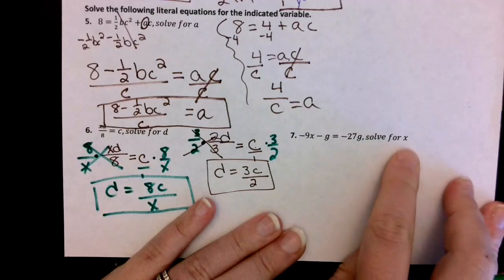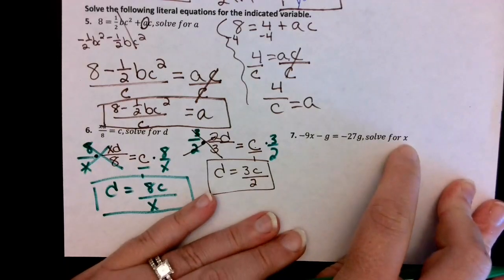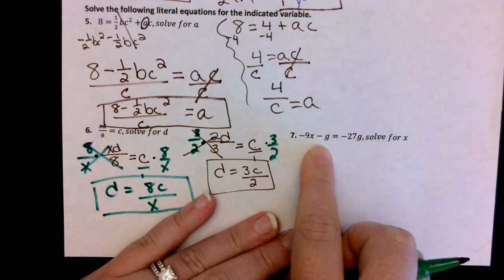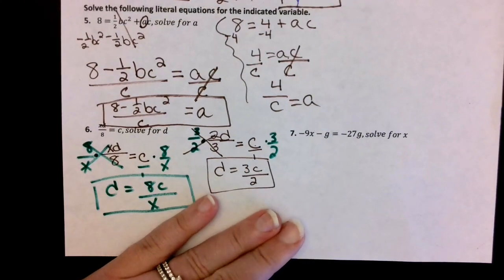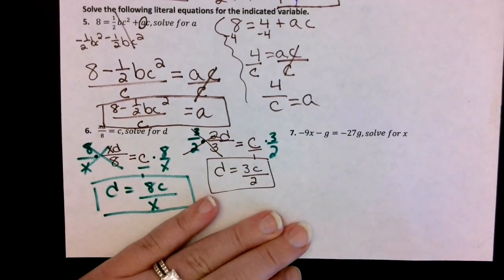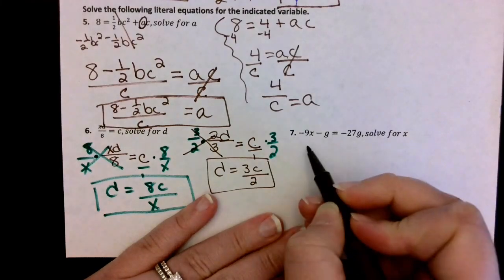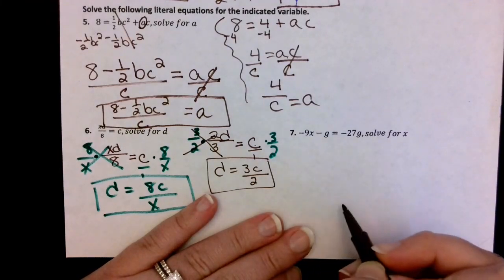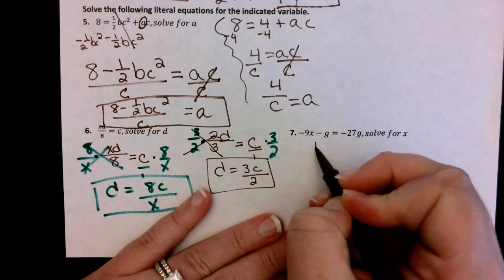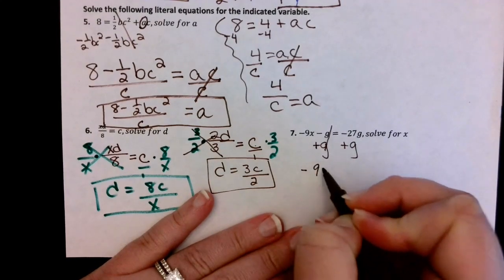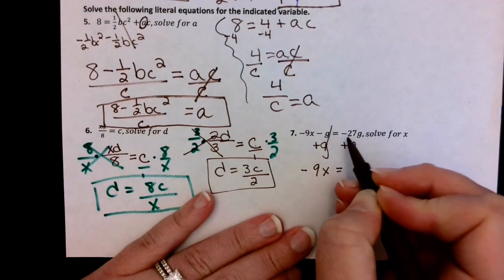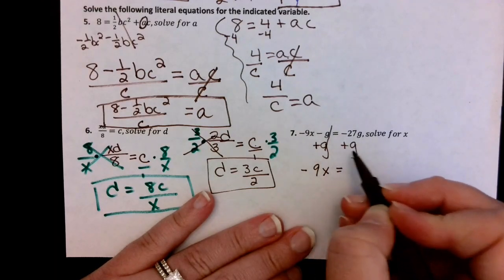In number 7, I am solving for x, and I have negative 9x minus g equals negative 27g. This one's a little easier to solve because there are g's. I want to get the x by itself. x equals is my main goal. So I want to add the g to the other side. I have negative 9x equals negative 27g, and I'm adding a g to it.